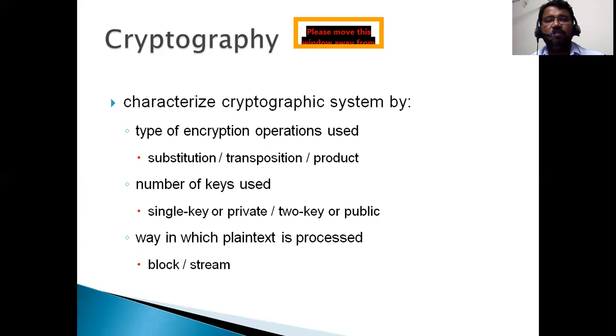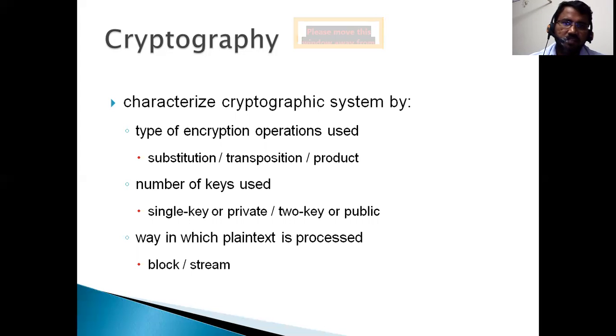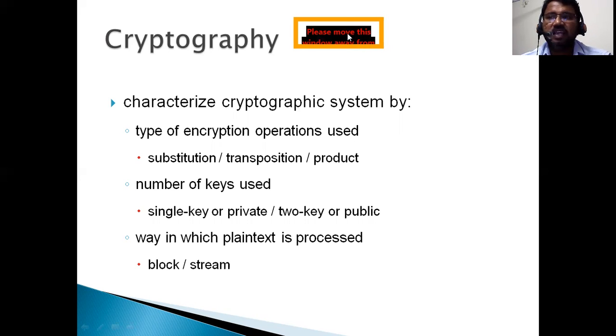And based upon the inputs the algorithm takes, we can classify the algorithm into two types: one is the block cipher encryption algorithm, another is the stream cipher encryption algorithm. If the message is received block by block, then it is called a block cipher encryption algorithm. If the algorithm takes the input stream bit by bit, then we call it a stream cipher algorithm. So these are the concepts in encryption. In the next class, we will discuss the remaining concepts.